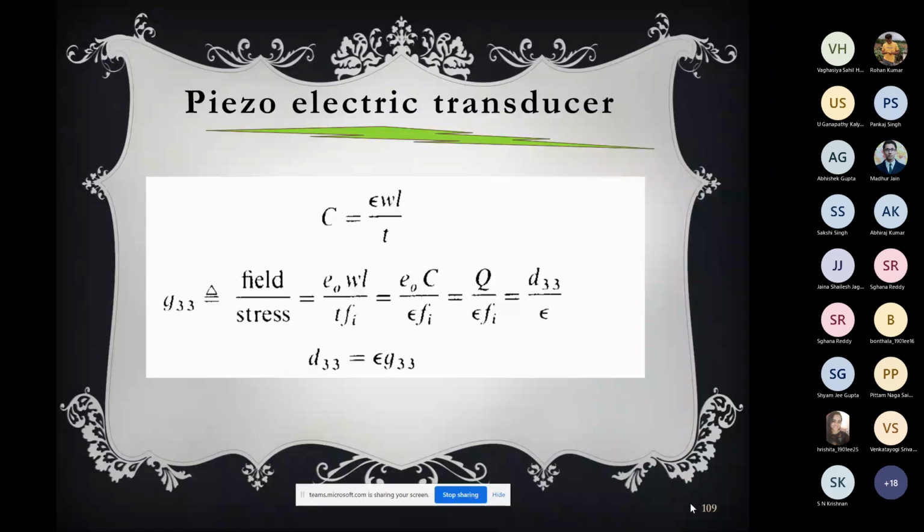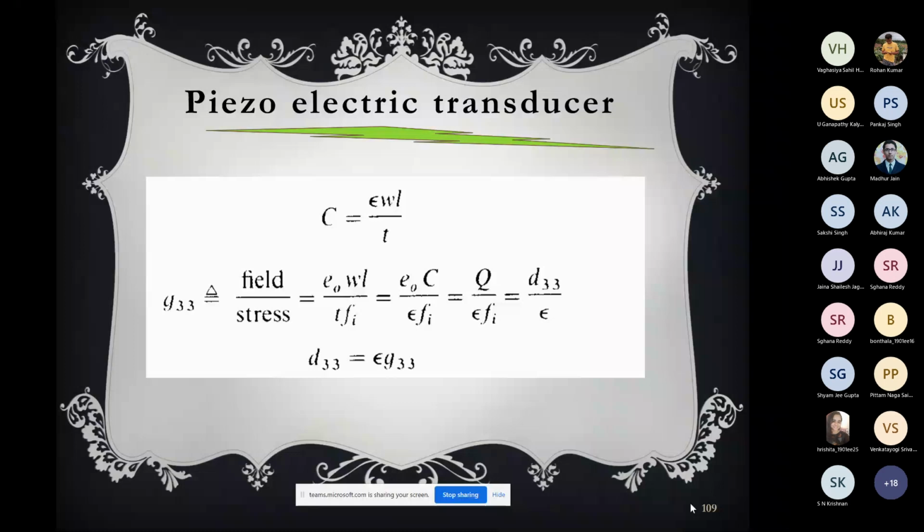Yes, sir. So what I was discussing is that the G constant and D constant are not independent of each other. How can we relate the G constant and the D constant?